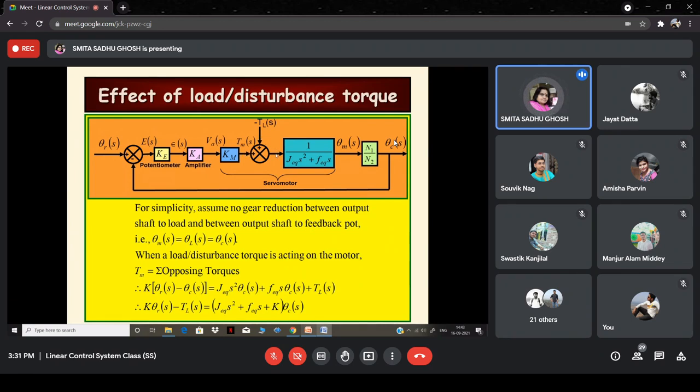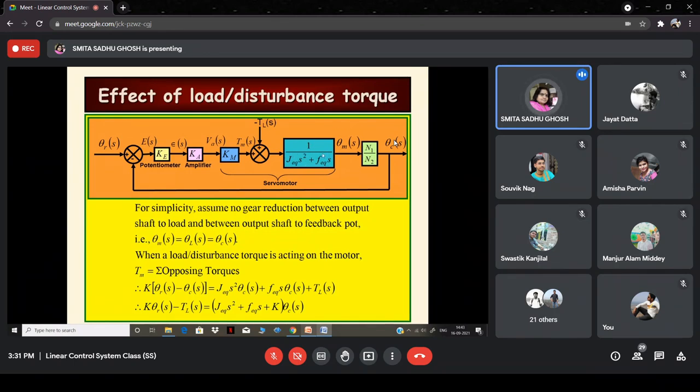So this torque will actually be multiplied by this to get theta m. From theta m and this, if we want to get back the torque that was the input to this block, that torque will be given by J equivalent S square theta cs plus F equivalent into S theta cs, isn't it? So basically theta ms by this torque is equal to 1 by (J equivalent S square plus F equivalent S).